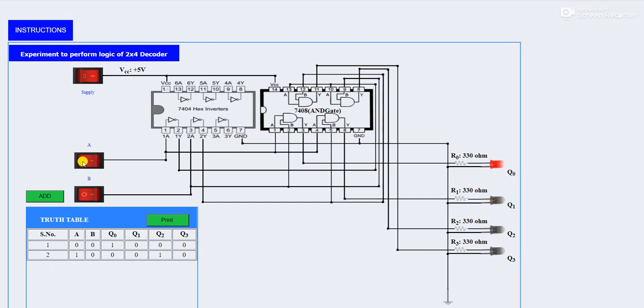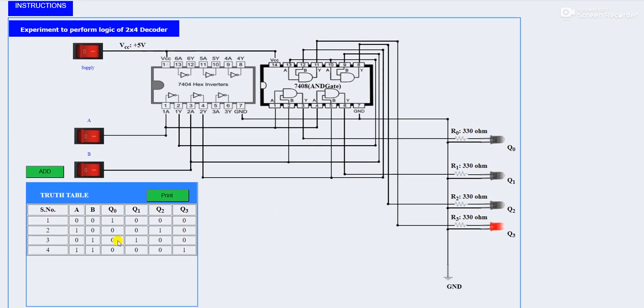Third is for A equal to 1, B equal to 0, add this value, and last A equal to 1, B equal to 1, Q3. You can see the values of A and B and their respective outputs. For A equal to 0, B equal to 0, Q0 is high, then Q1 is high, here Q2 is high, and here Q3 is high.